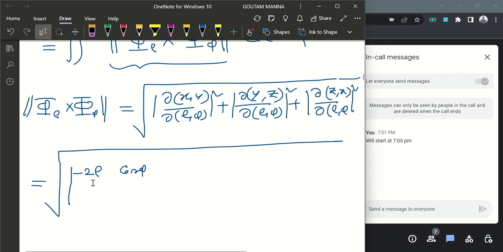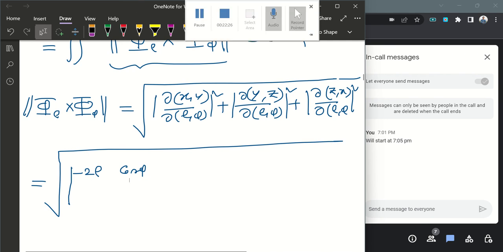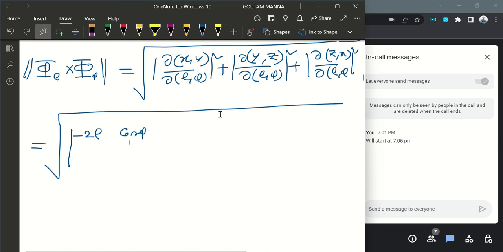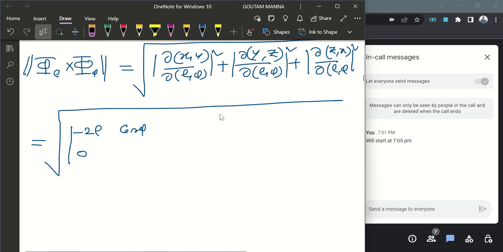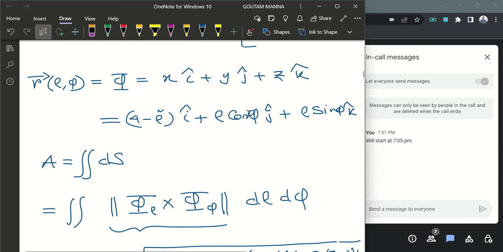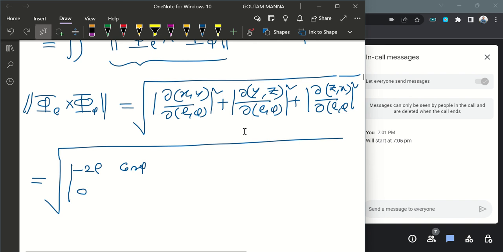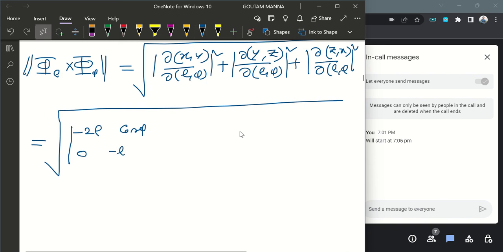Then here we have del x del phi, and x has no phi dependence, so it will be 0. And the last element will be del y del phi, and since y is rho cos phi, del y del phi will be minus rho sin phi.